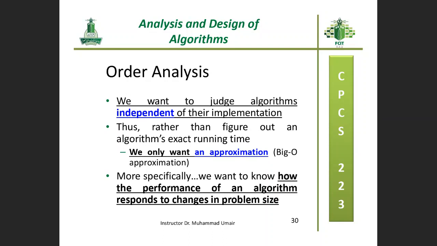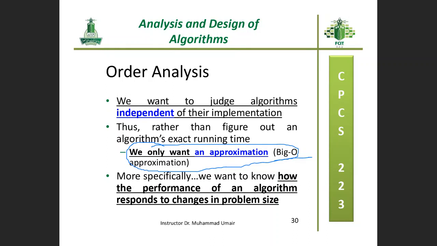Because whenever you are analyzing, you are only interested in the approximate value with respect to big O. That's why we only pick the highest order term. And the second reason was that the maximum value which can affect the result of the running time can be calculated by the factor of the highest order term.